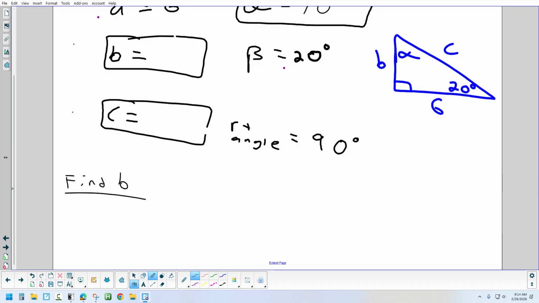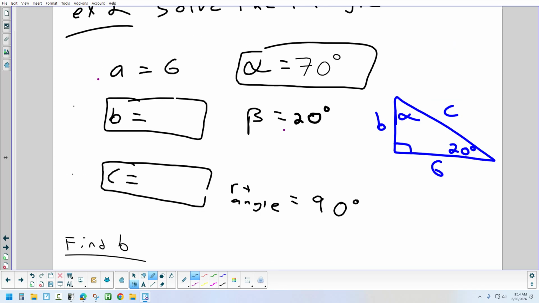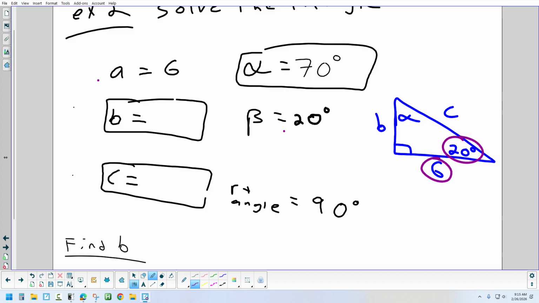So to figure out B, we need to choose a trig function. And we need to label all of the sides and their positions. Right? So the 6, we're going to use that because it was given. The 20, we're going to use that because it was given. And we decided we're going to find B. So we have to use that because it's what we chose.